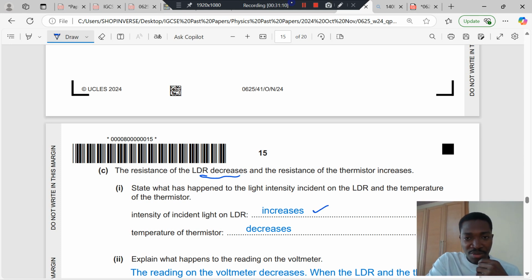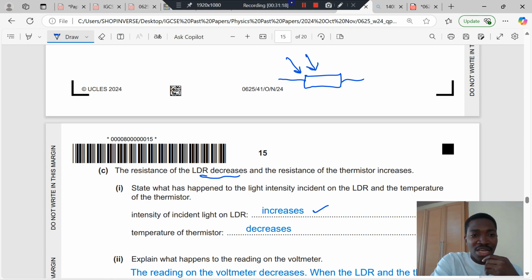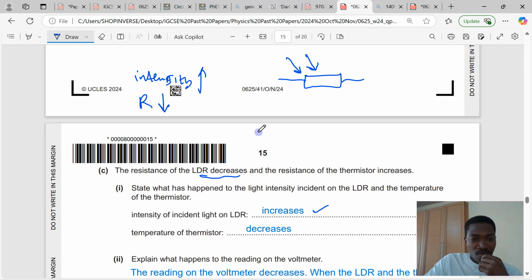Why? Because the light-dependent resistor has a negative coefficient. That simply means as intensity of light increases, the resistance will be decreasing. So if the resistance is decreasing, the intensity of light must have increased.